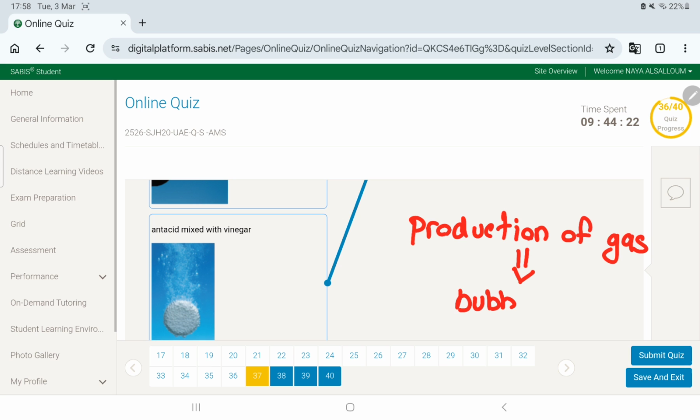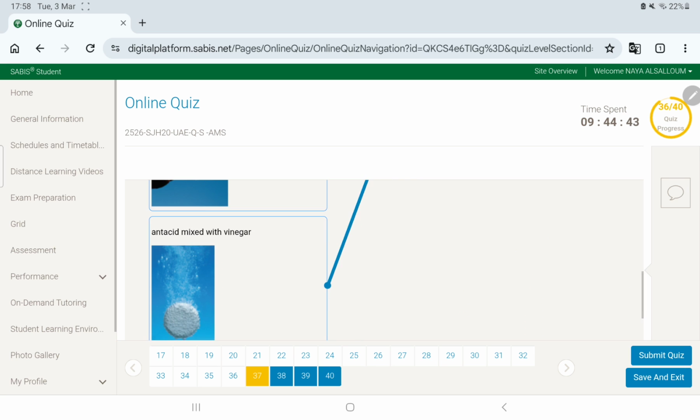Bubbles. So bubbles form. So how do you know that a gas is being produced? When you see bubbles. And if you guys take a really close look here, what do you see? You see bubbles. Okay? So this is why it's the production of a gas, because you can clearly see the bubbles when they're mixed.